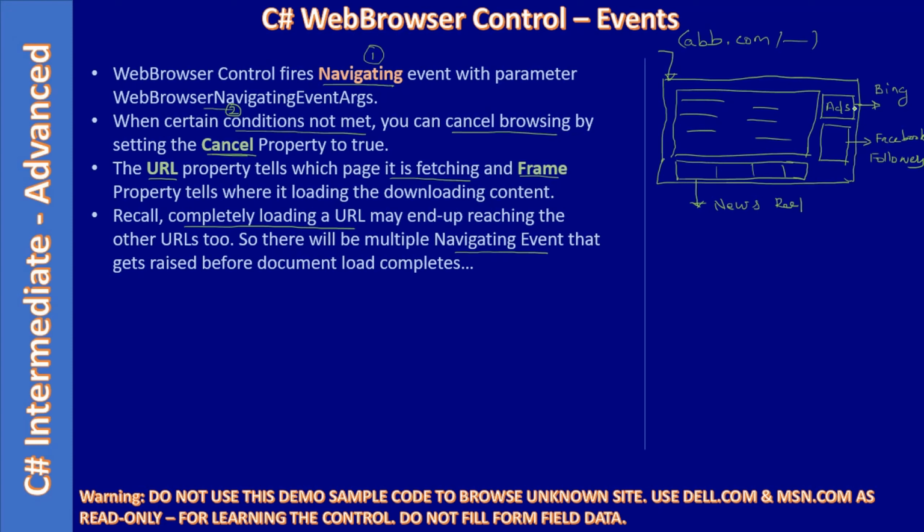Then there is an ad widget or some frame that displays an ad, and it's a Bing ad. Then there is a list of Facebook followers' portraits, photos or their faces. These are all the people following this site. Let's say this is an article site. And then there is a news reel that reads news from xyz.com and displays that in a separate frame.